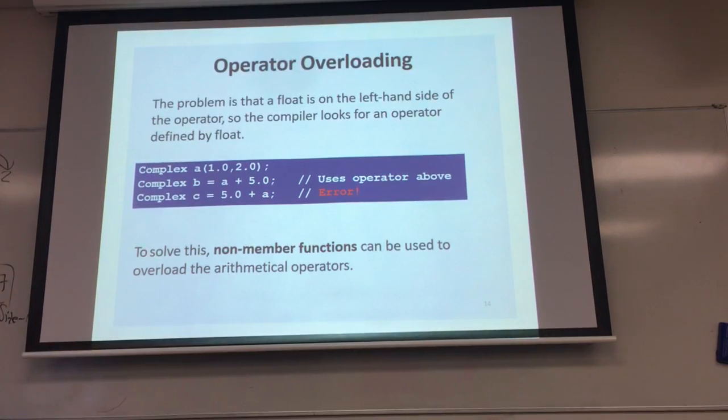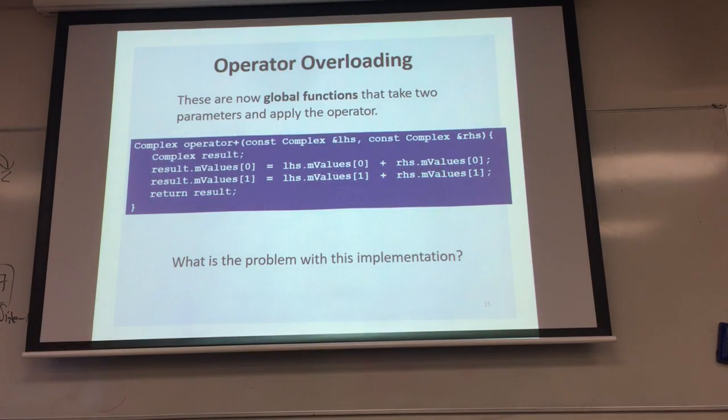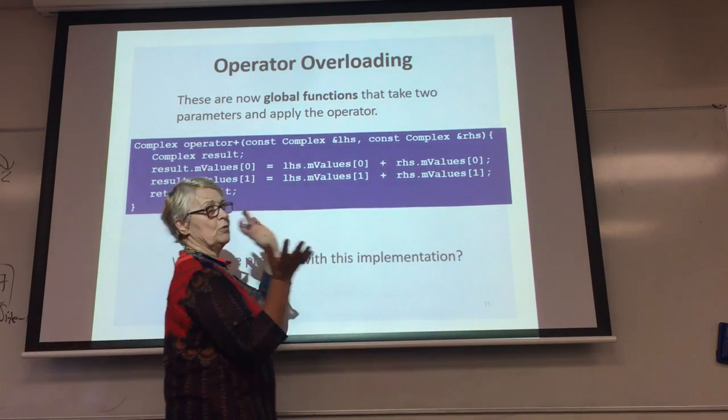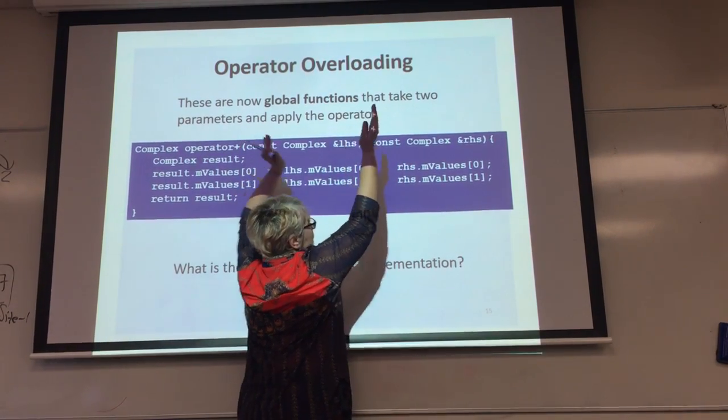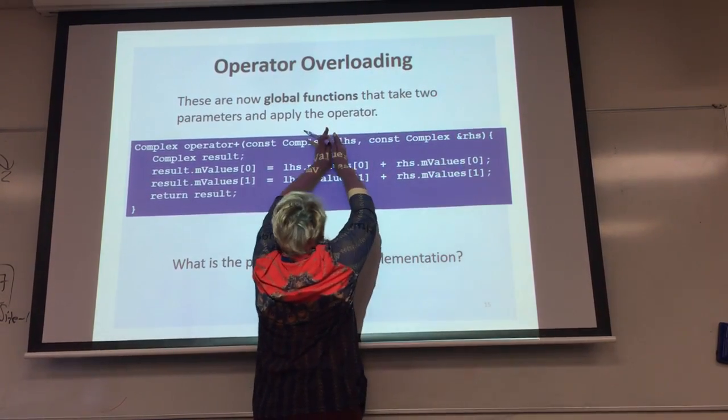It's recommended for arithmetic operators and even for relation operators to make them not members of the class. You never know what might happen. Therefore, we want them as global functions. Global functions, we know how to write them. This is the first element. This is the second element. We want to add them.